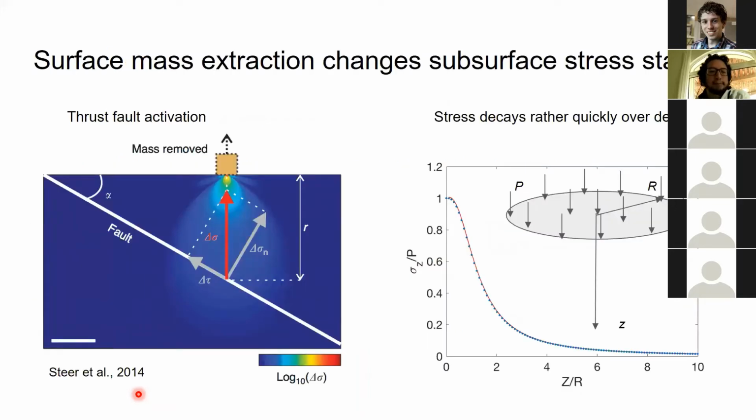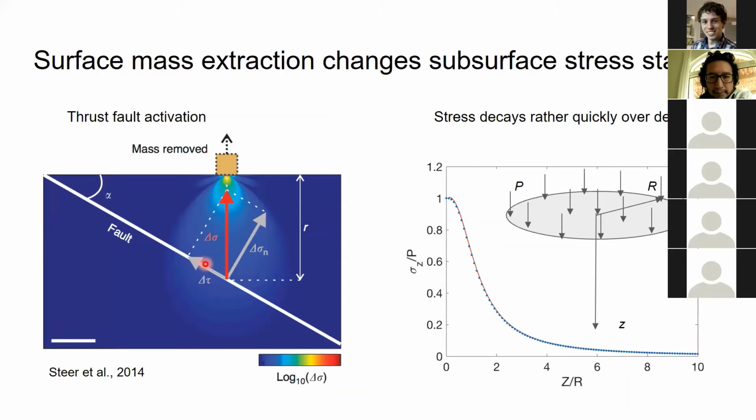So here, as Pablo has already introduced, this surface mass extraction does change the subsurface stress state. In particular, in the case of mass removal, you exert a vertical force that points up that both reduces the normal stress on the fault and also exerts additional shear stress components in the reverse dip direction.